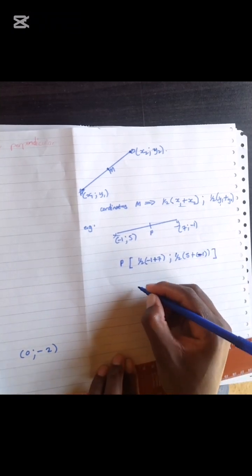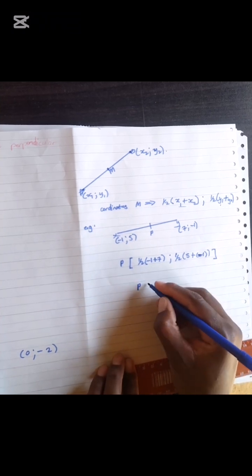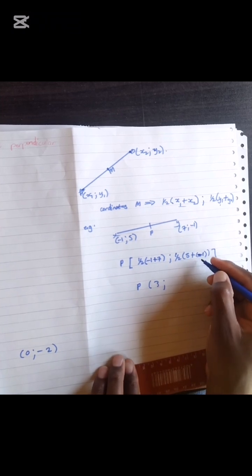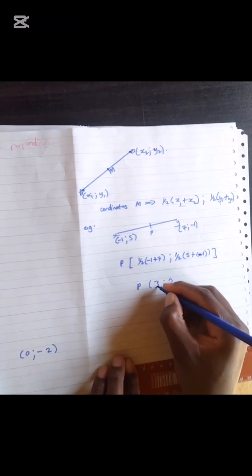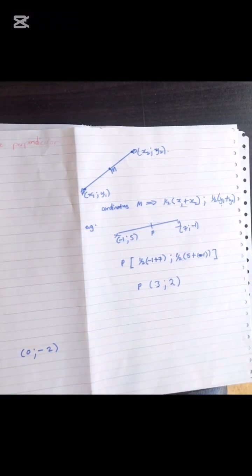So that simplifies to the x coordinate being 3 and our y coordinate 2. So that's how you find the coordinates of the midpoint of a line.